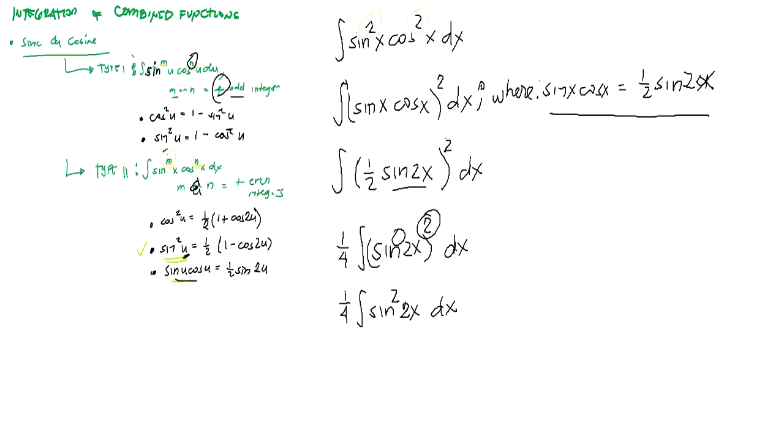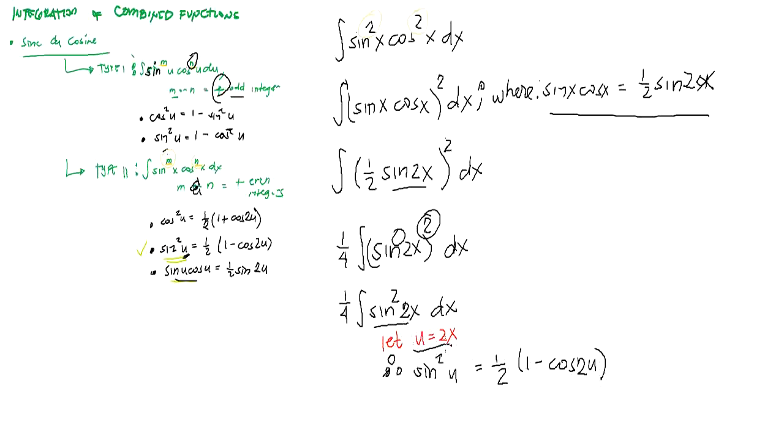We let u equal 2x, and then we simplify this as sine squared u, which is equal to 1/2 times 1 minus cosine 2u.